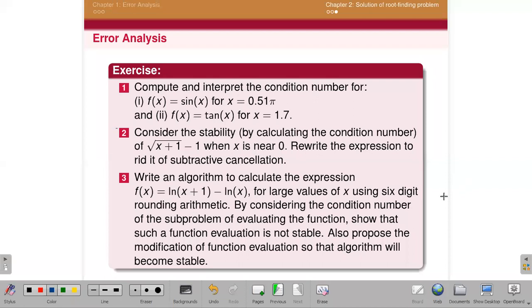Yes, very good. So you can use the log properties, x plus 1 by x. So that has removed the negative part, subtraction of 2 nearly equal numbers is removed. So this will work. So this is the modification, and if you again write its algorithm, that will give you the stable condition. So this is for the rationalizing you can do.